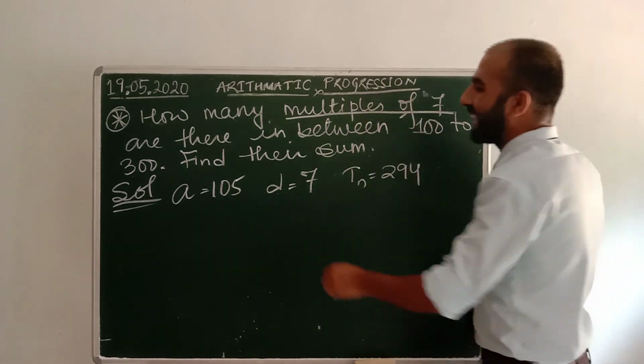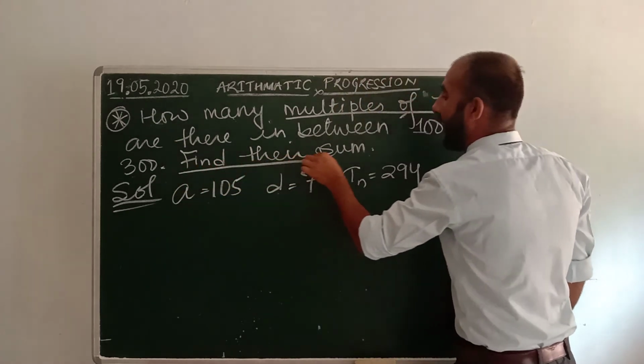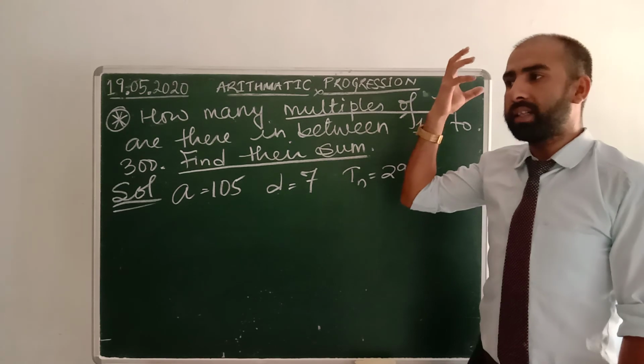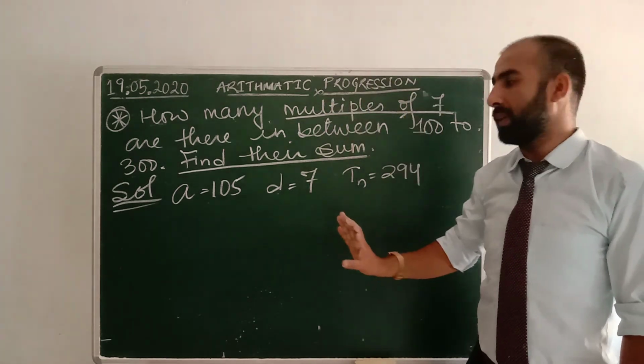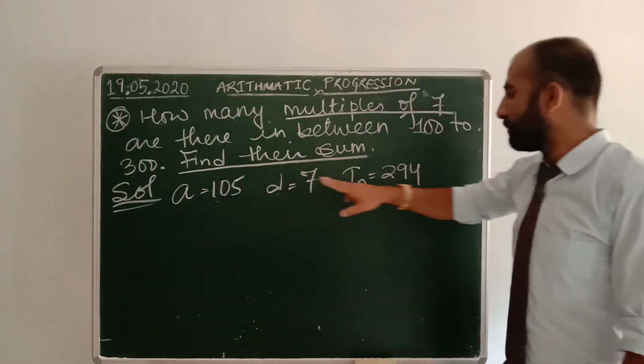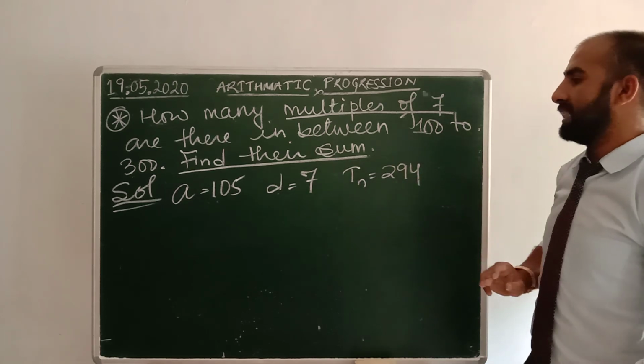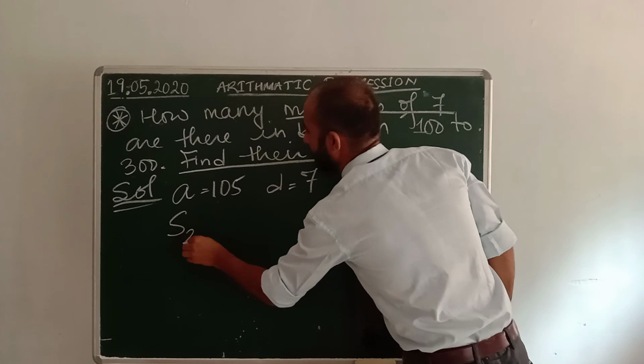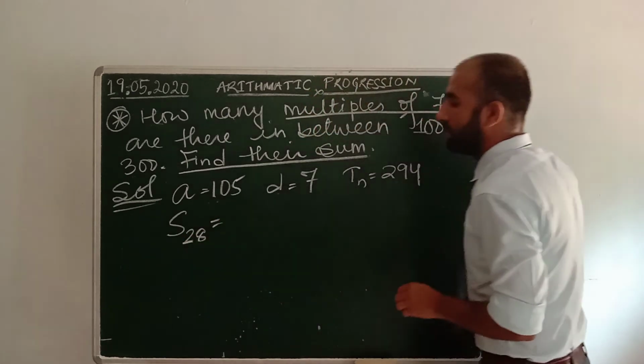Let's go for the second answer. The second answer is to find their sum. That means we have to find the sum of these 28 multiples of 7 from 105 to 294. Okay, so let's find S28, because we know there are 28 numbers.